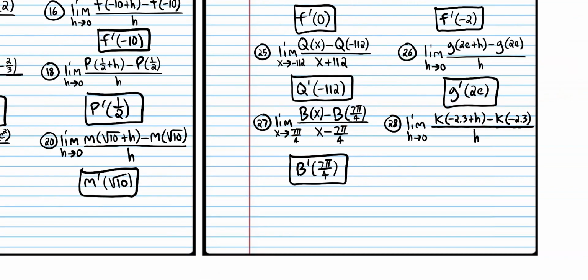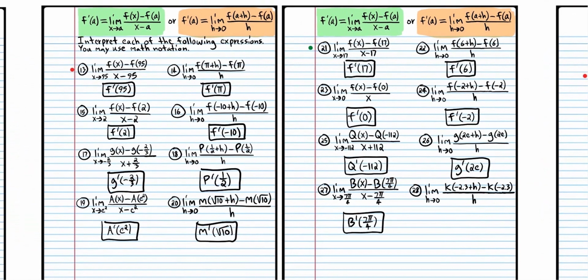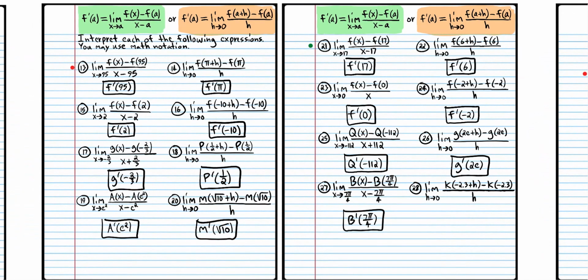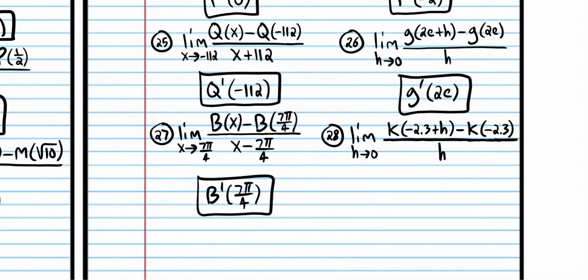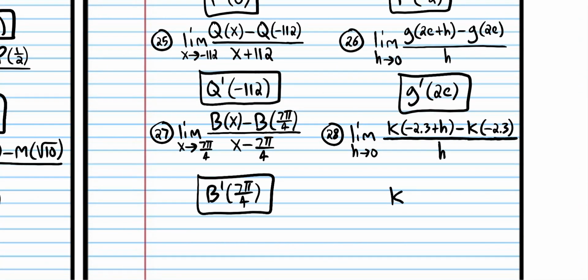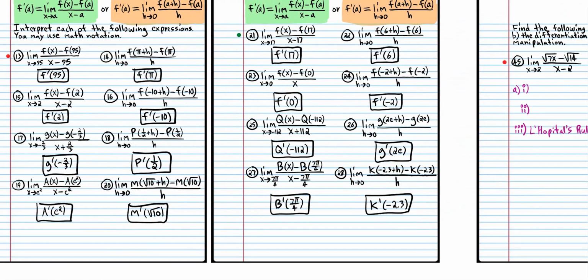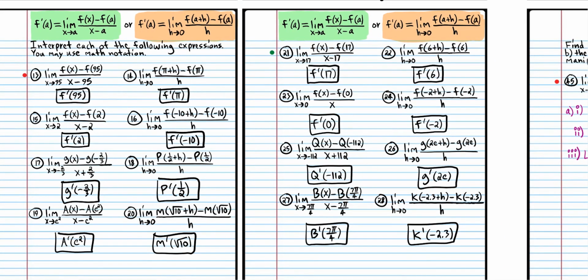So if you got that right, excellent. Try number 28. And when you come back, we'll do it together. All right, we're back. So this expression represents the derivative of the function when x is equal to -2.3. So if you got that right, excellent.